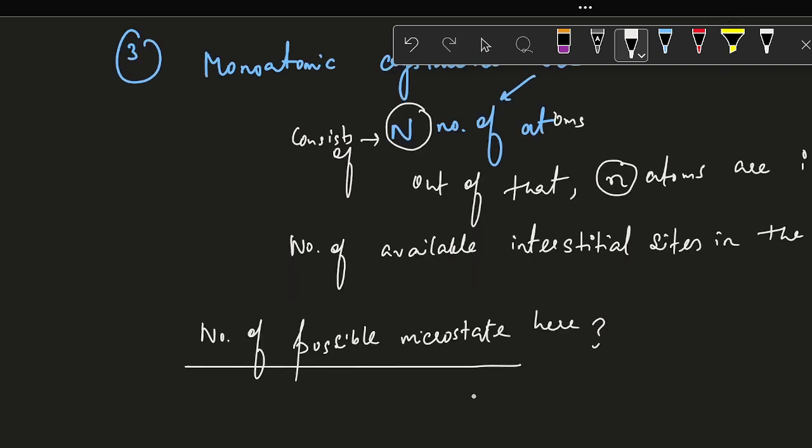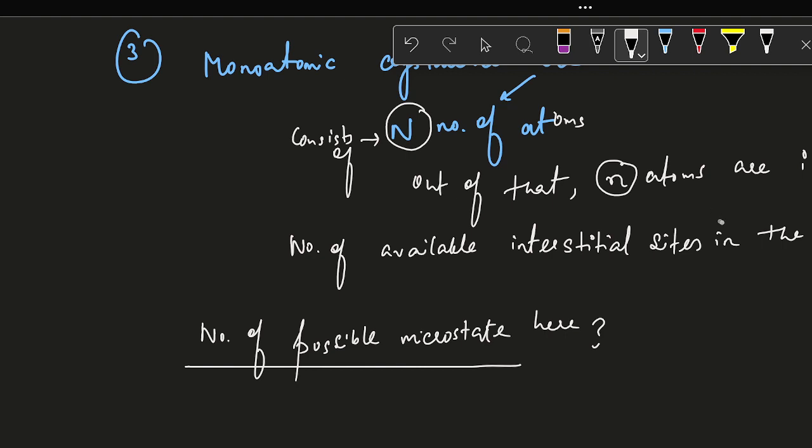You have the total number of atoms fixed as capital N. Out of that capital N atoms, a smaller number of atoms are interstitially positioned. So there are specific positions in the crystal, in between two lattice sites, which are called interstitial sites.